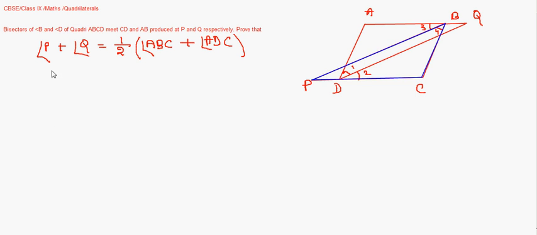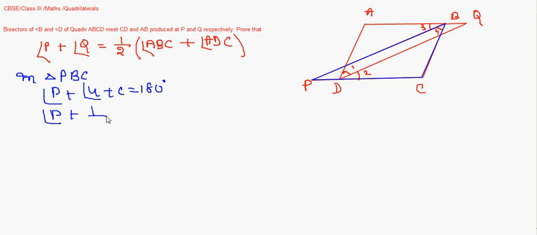So in triangle PBC, what do we see is angle 4 plus angle P plus angle C gives us 180. Again, the angle sum property of the triangle. Angle 4 can be expressed as half of angle B, that being BP was the bisector of angle B.